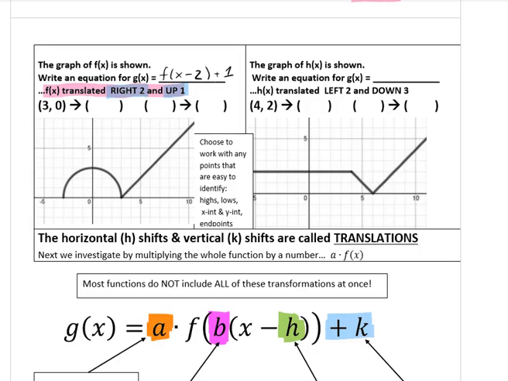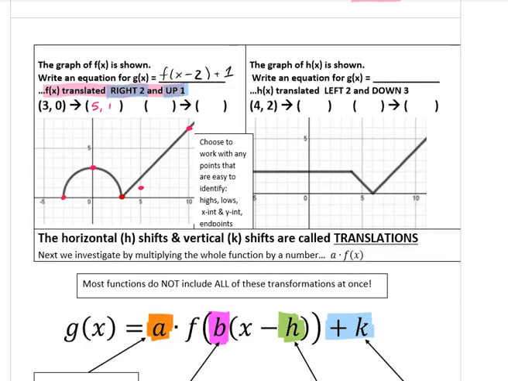The next thing it says to do is to take some of these points and find the new point after you do this translation. So it starts me off with this point here at 3, 0. If I went to the right 2 and up 1, 1, 2, up 1, my new point would be here. And that point is at 5, 1. Now I can pick any other point and try it again. I can pick negative 3, 0, I can pick 0, 3, I can pick this endpoint up here.